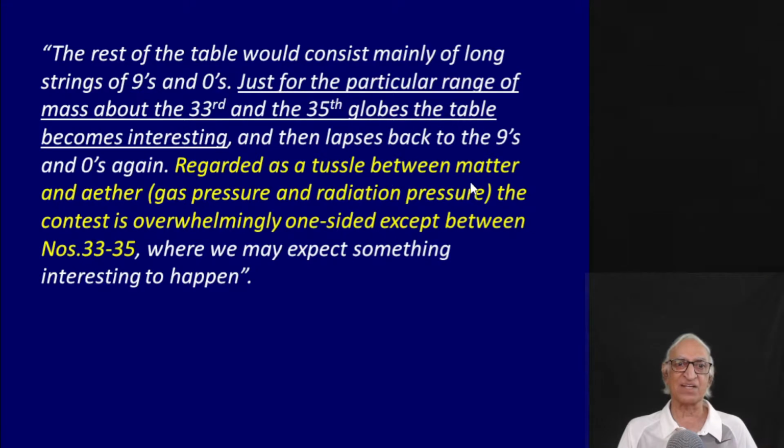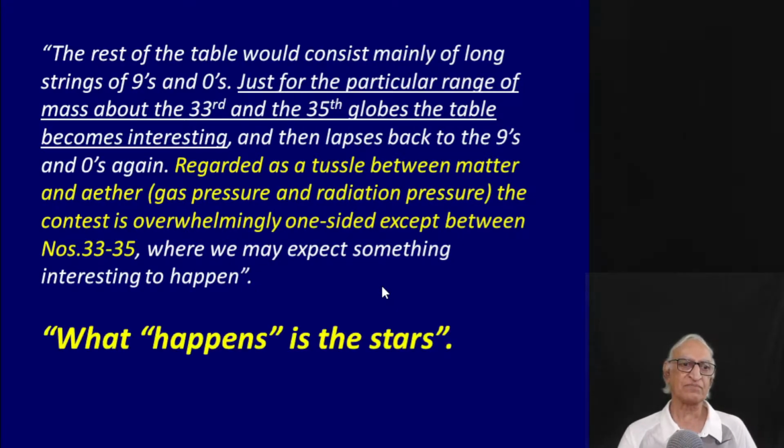Regarded as a tussle between matter and ether, regarded as a tussle between gas pressure and radiation pressure, the contest is overwhelmingly one-sided, except between numbers 33 and 35. And we may expect something interesting to happen.